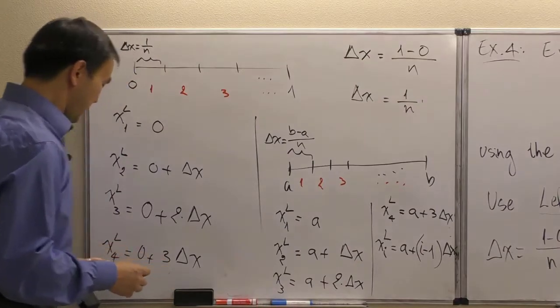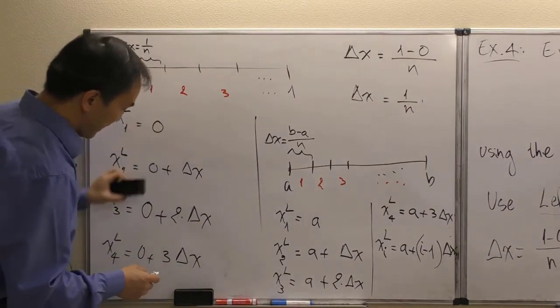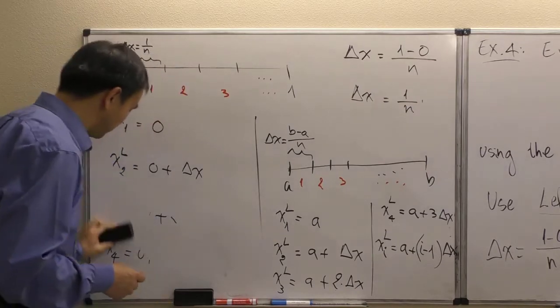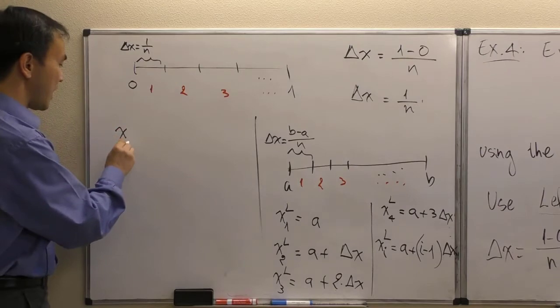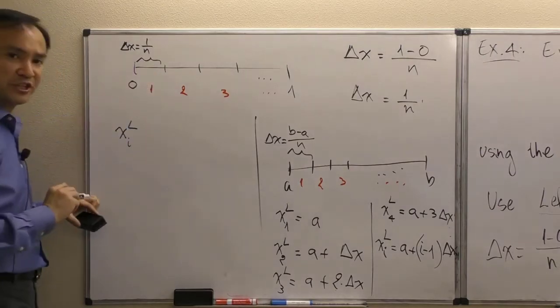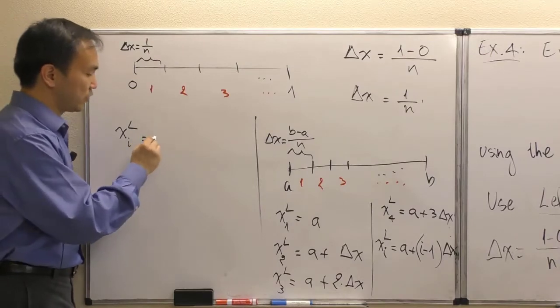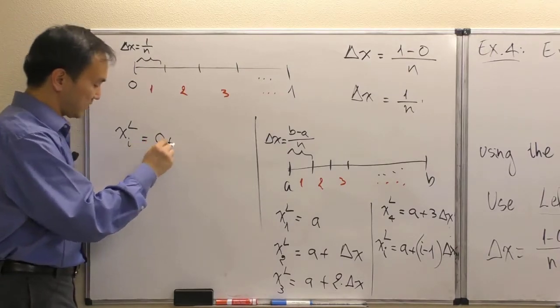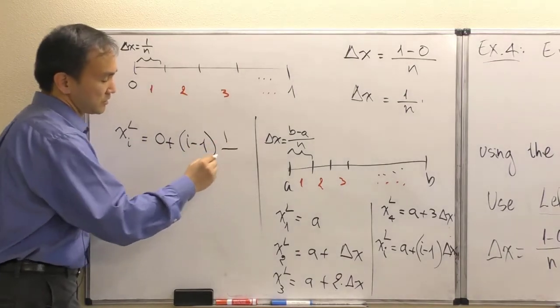So now, for our particular problem, when we're at any general ith interval, where the interval is from 0 to 1, this is going to be 0 plus (i − 1) times delta x.